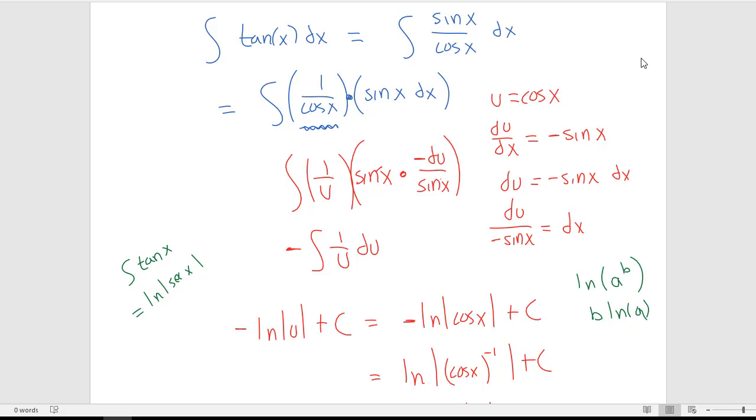Now, something else I want to mention is that as we do examples together, as I do problems for you in these videos, I know how to do these problems. I know what I'm going to let u equal. And I'm setting up an unrealistic expectation for your experience in the homework. Something to keep in mind is that when you're doing these integral problems, it's not always obvious exactly what to do the very first time.